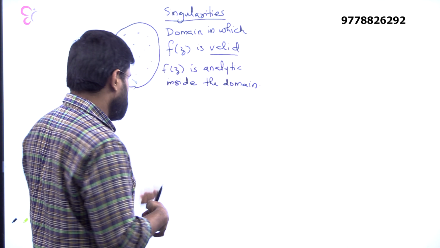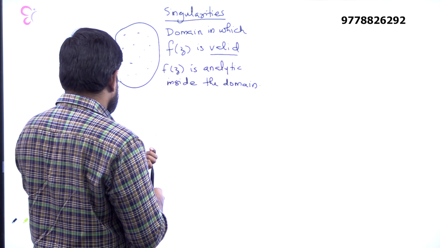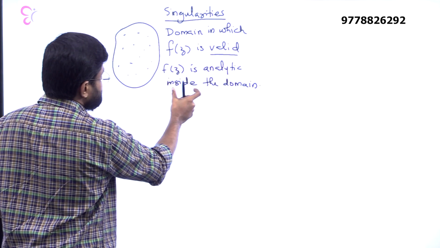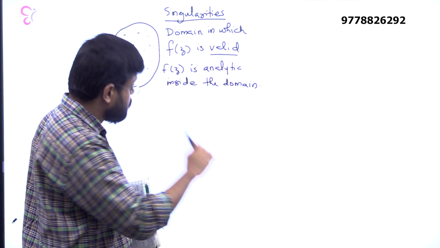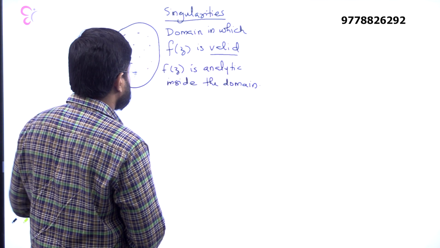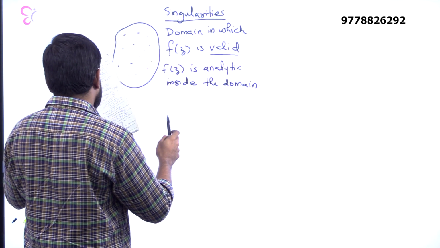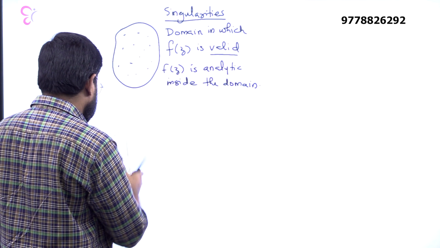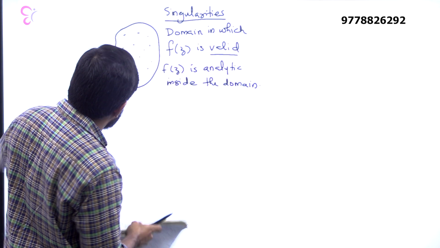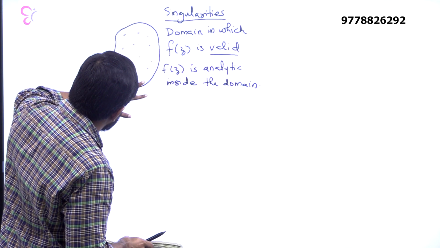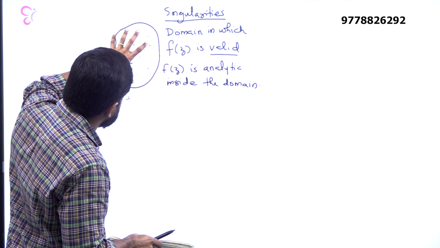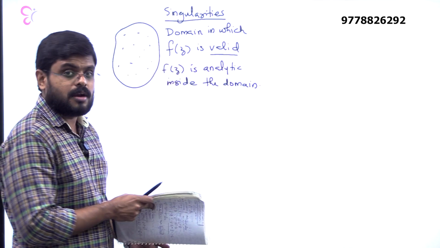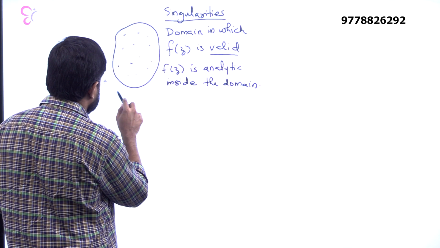So, that is a peculiarity. f of z is analytic means f of z is valid, that is, the function is analytic inside the domain. Then what is the meaning of analyticity? If the function is analytic, that means f of z is continuous and differentiable at every point inside the contour or domain.